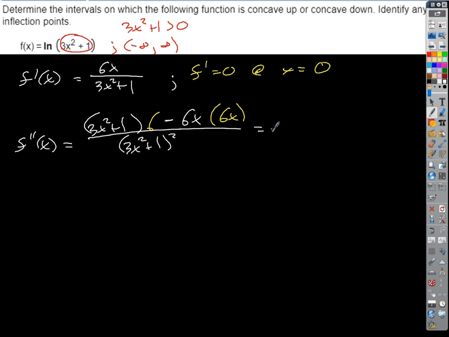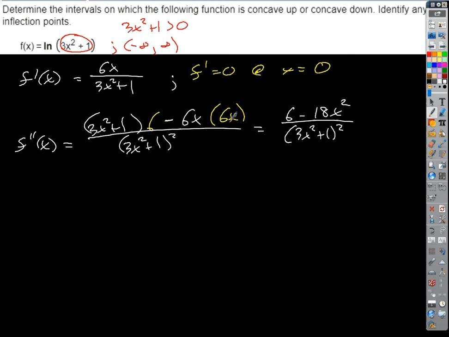If we distribute and collect like terms, I'm going to get 6 minus 18x squared, is that right? Yes. Everybody agree with that? Great. Because aren't I going to get 18x squared plus 6 minus 36x squared?